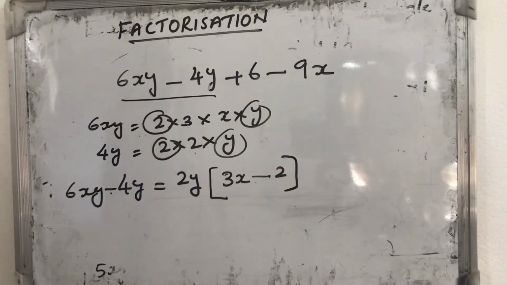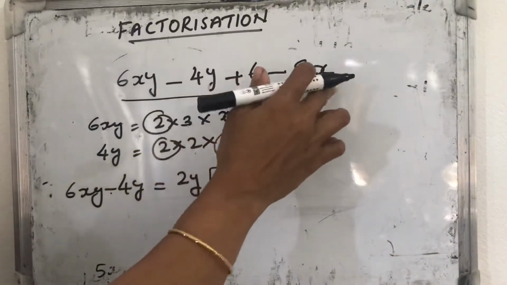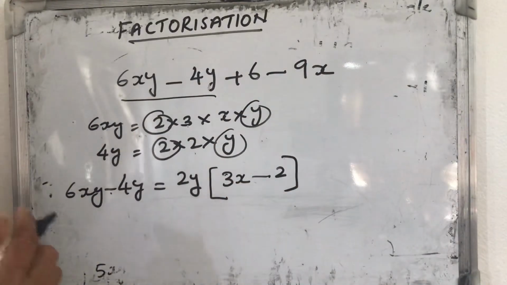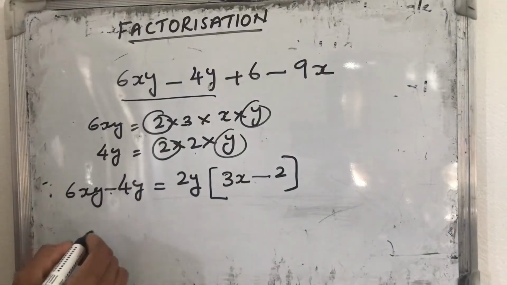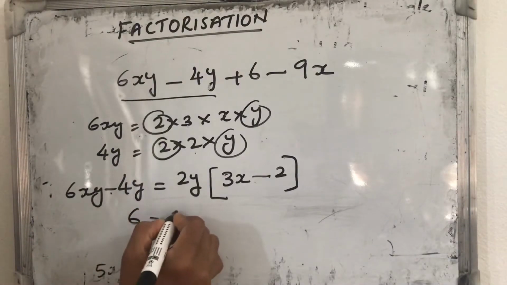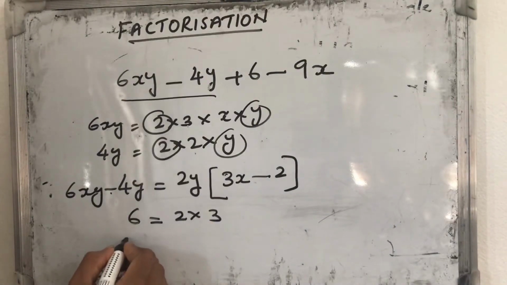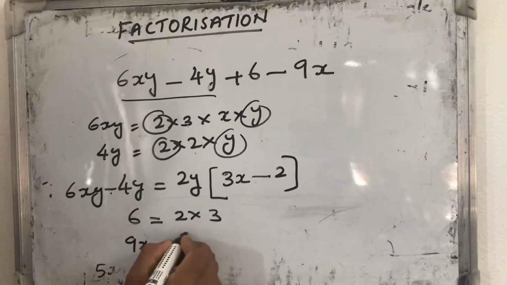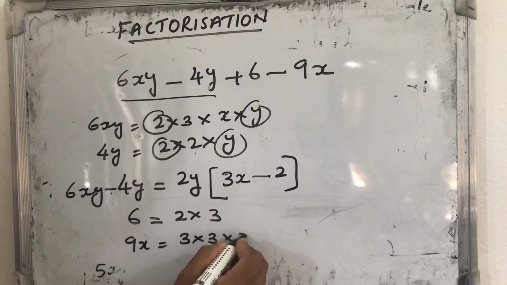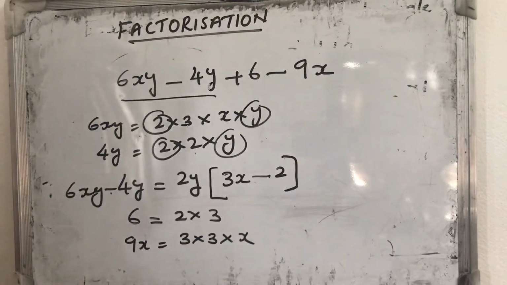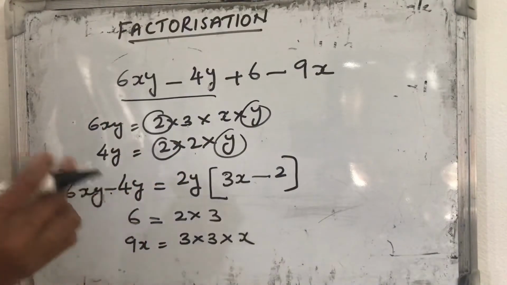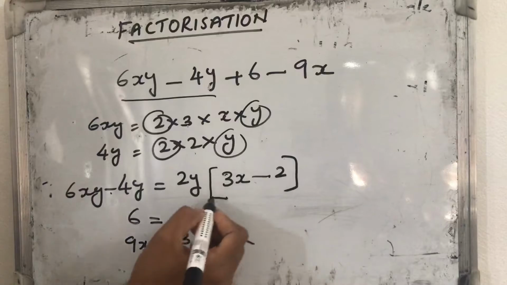Now when we consider the next term, 6 minus 9x, 6 we can factorize as 2 into 3, and 9x we can factorize as 3 into x. We want to get a term like 3x minus 2.